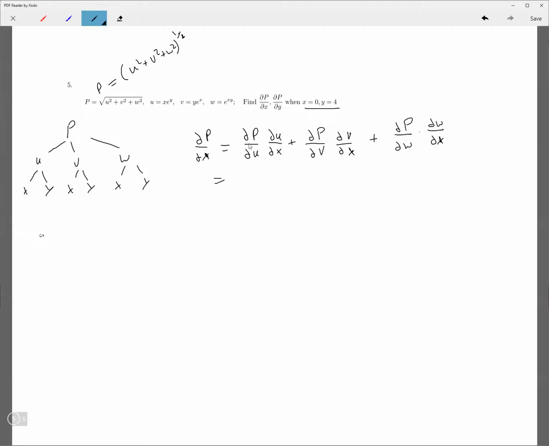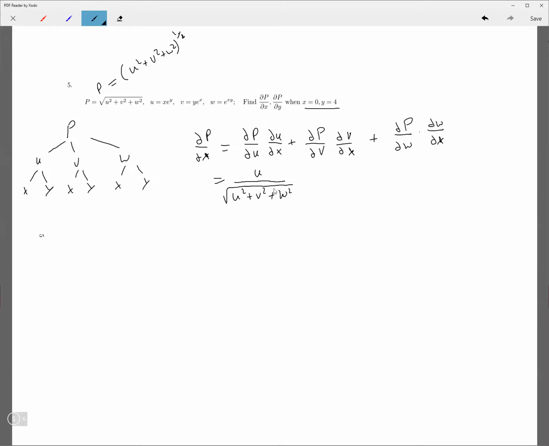Good. So dp/du is going to be, there's a half coming out, and the 2 is going to cancel with the 2u.